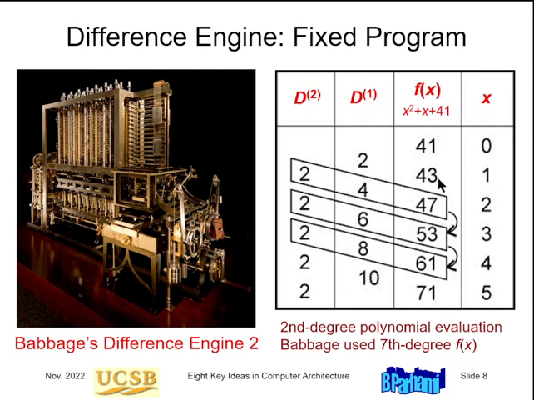So all these values of this function f of x can be computed by just additions. Addition of 2's in this column and addition of these d1 values in this column. So this is basically a glorified computer that just does these additions very accurately and very fast for its time.